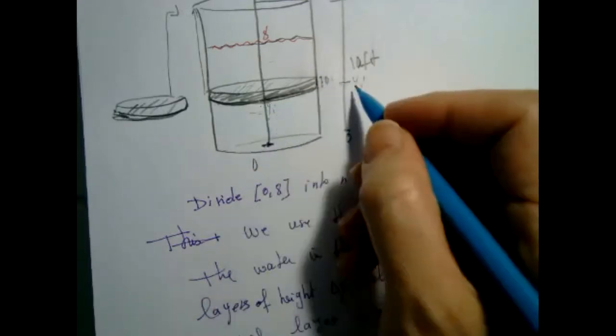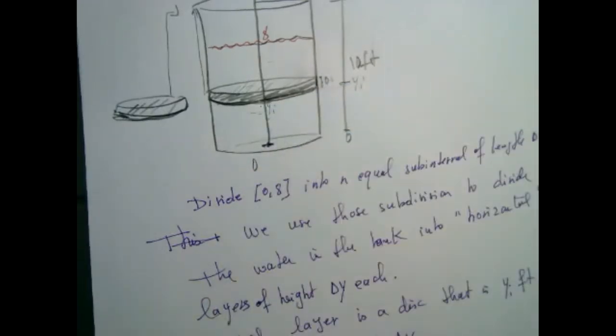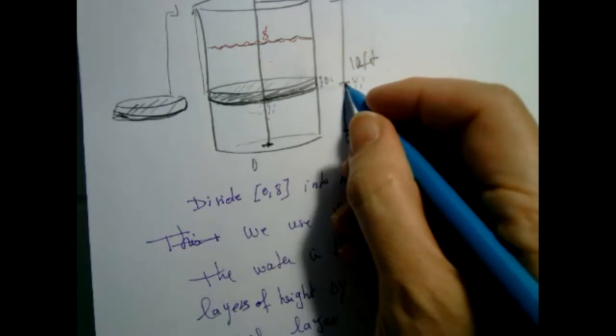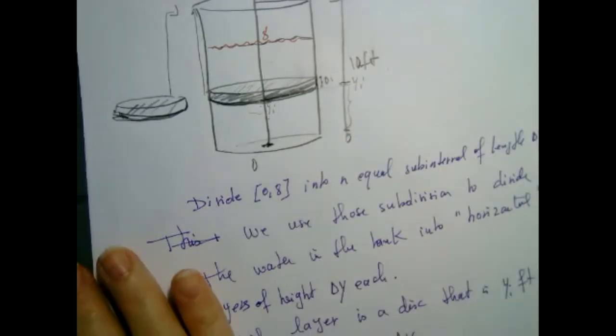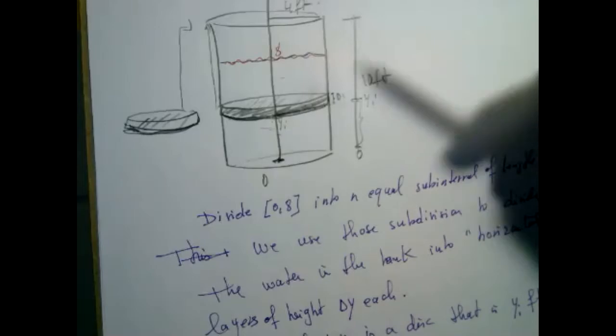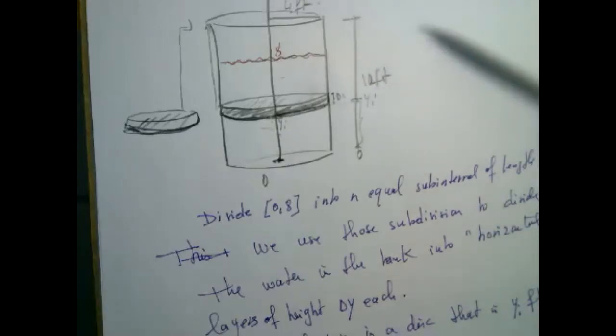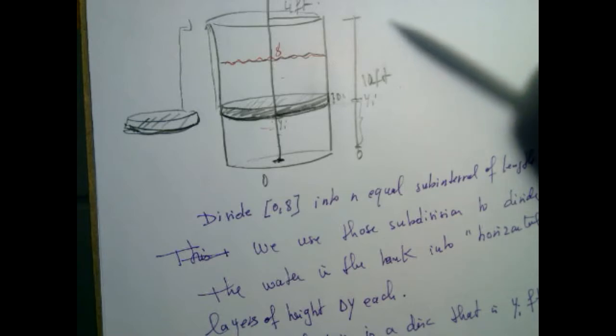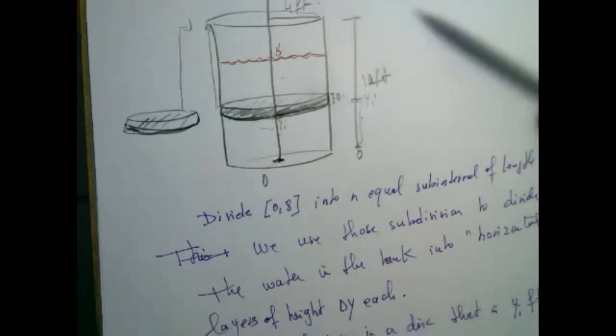The layer is yi units above 0, meaning from here to here in your mind, there are yi feet. What's the distance? 10 minus yi, or 8 minus yi? Make up your mind. 8 minus yi, that's what I'm saying. Anybody would disagree?